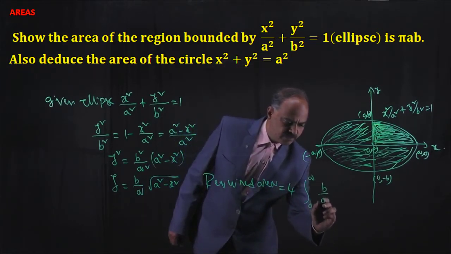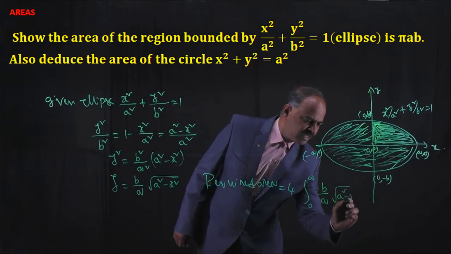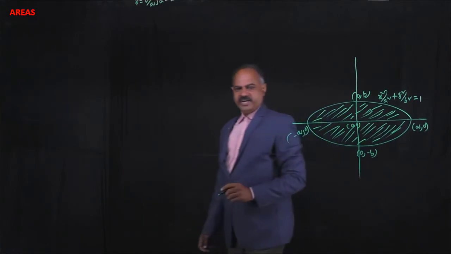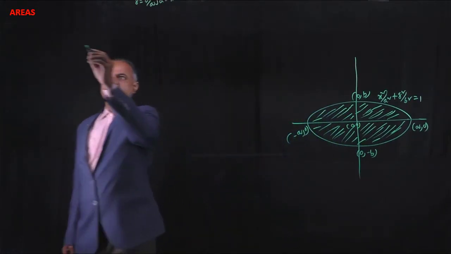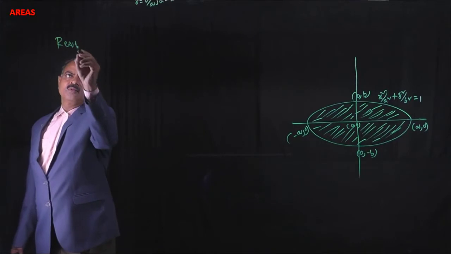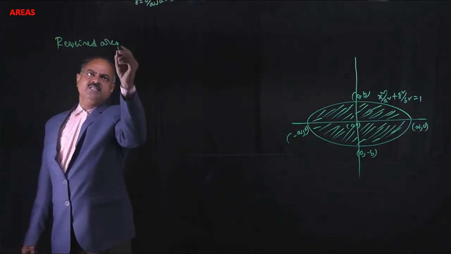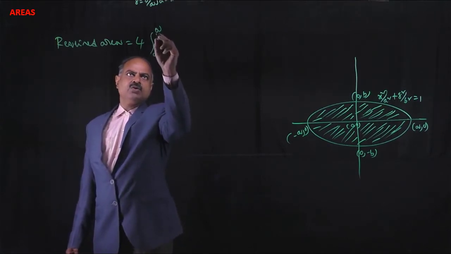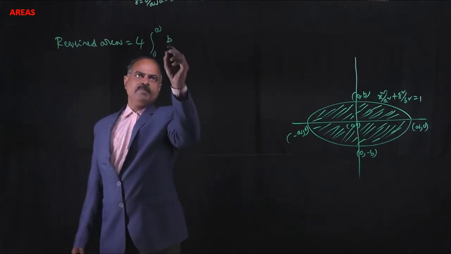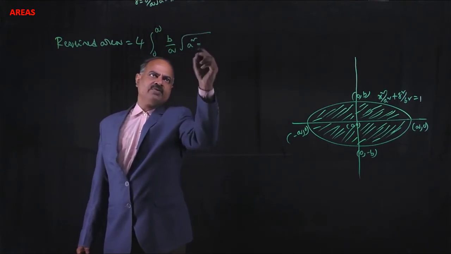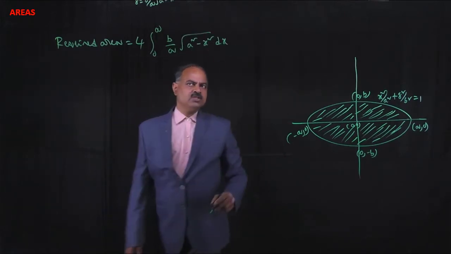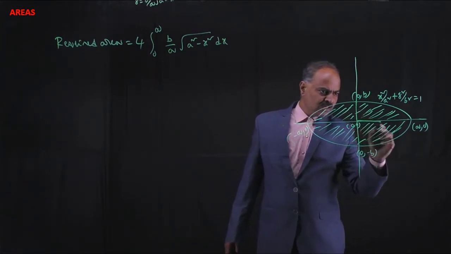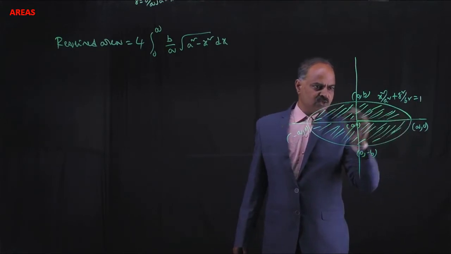So that is equal to b by a into root over a square minus x square dx. So the required area is equal to 4 times the area bounded by the ellipse in the first quadrant.